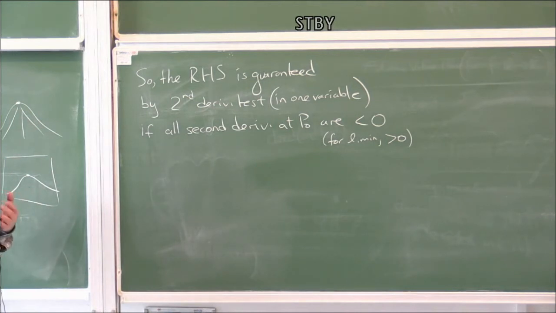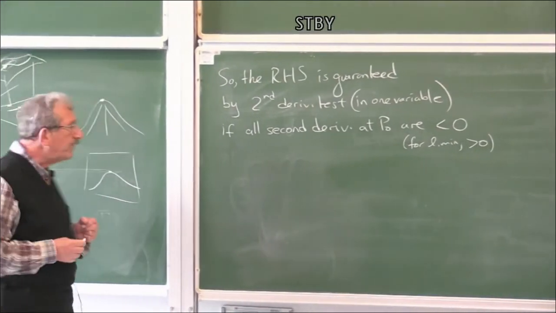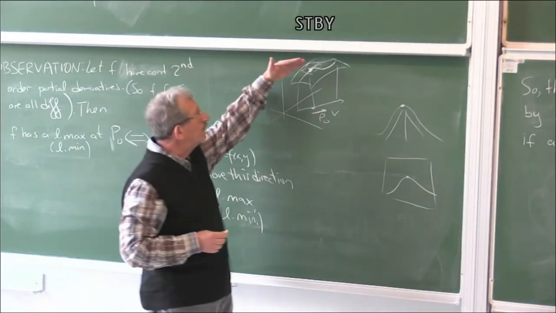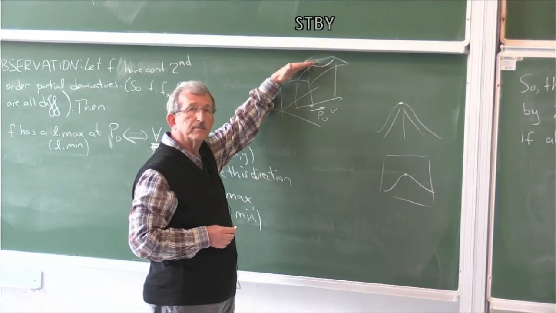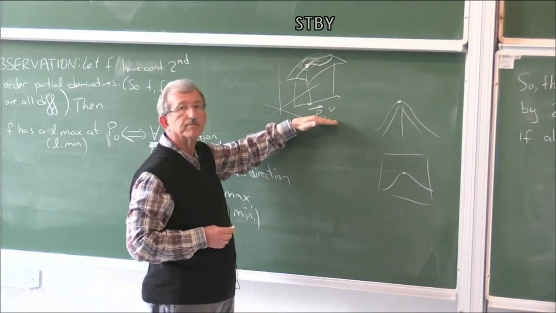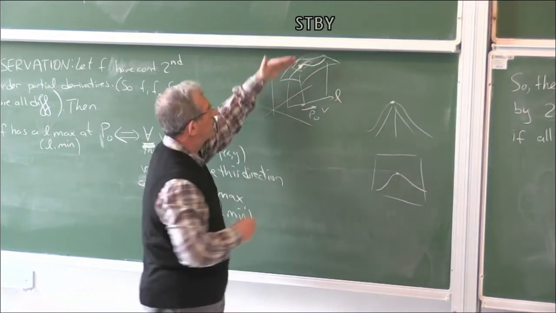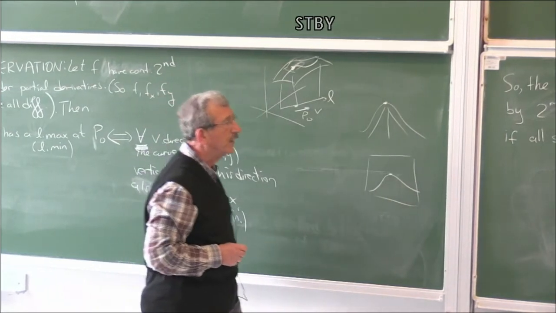Well, let us look at this more carefully. What is the second derivative of that curve? We know that the first derivative of this curve is the directional derivative in the direction of v, because the curve is on top of this line L, so it must be exactly this.